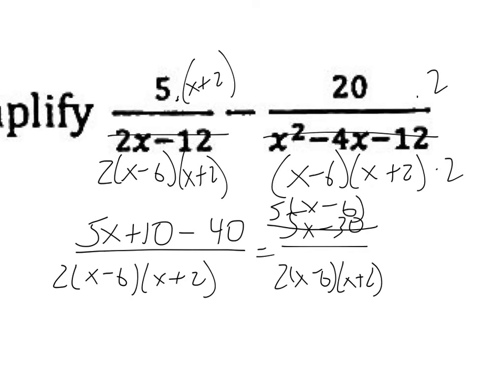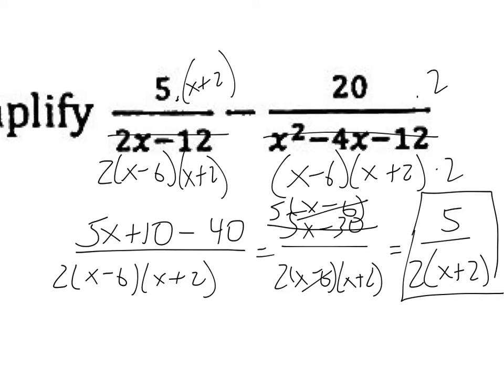And this is nice because now those x minus 6's go away. And I get 5 in the numerator, and then 2 times x plus 2 in the denominator. So hopefully you tried that out and got this. And there you go. So that is how you add and subtract fractions. You identify the common denominator, and you try to make all the fractions have them. And then there's just some manipulation you need to do for the numerators.